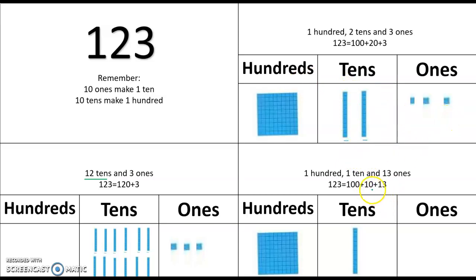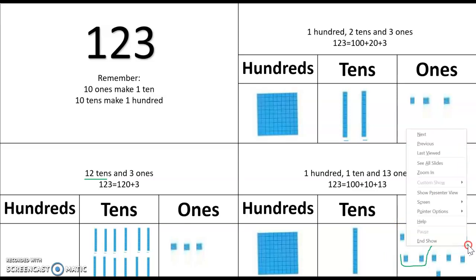So 10 ones plus the 3 ones, 10 plus 3 is 13. 1, 2, 3, 4, 5, 6, 7, 8, 9, 10, 11, 12, 13. So remember, 10 of these came from the tens place.